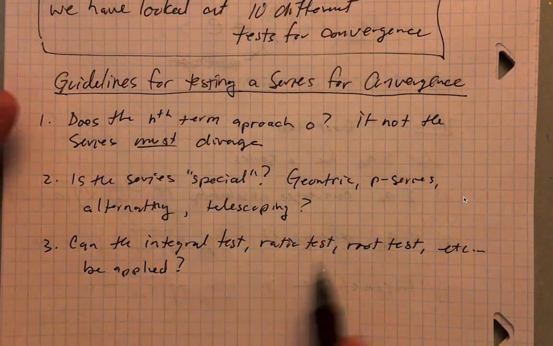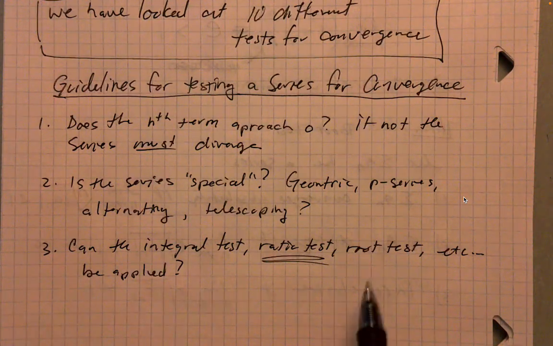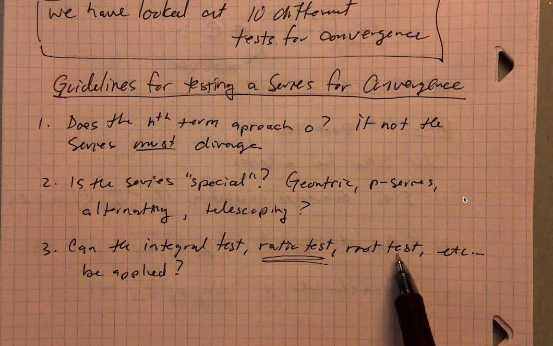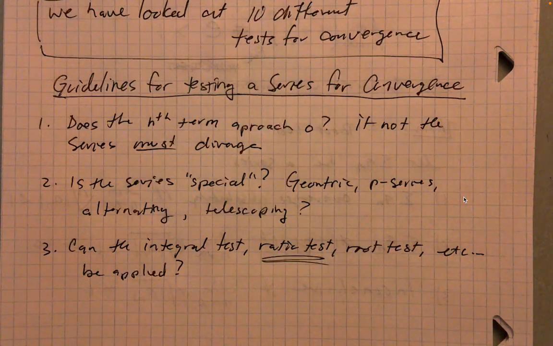For me personally, I would run right to the ratio test. I find that to be the most straightforward, easiest to use most often. But if it has a certain form where everything is exponentiated with an n, the root test might be the way to go. It might simplify things dramatically, really quickly. It's very much like the ratio test in the way it works.